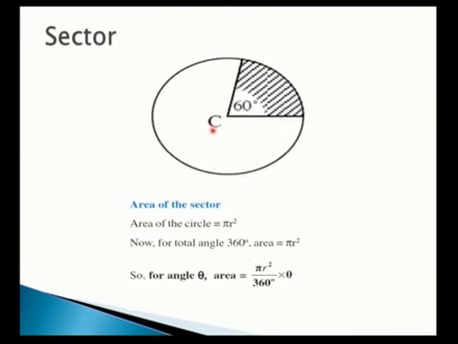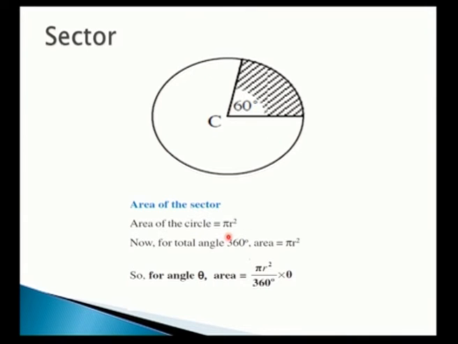Here in this diagram, the sector subtends an angle 60 degree. Instead of this theta, if you substitute 60, then you will get 6 here, 360 into 60. So, this formula will reduce to the form pi r square by 6. So, like that you can calculate the area of a sector carved out from a circle.